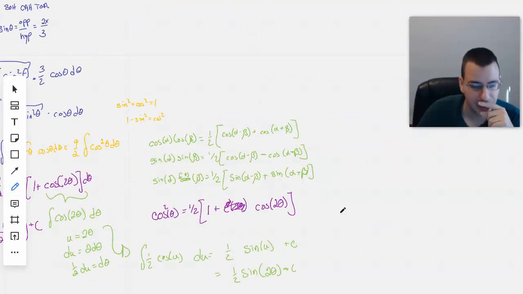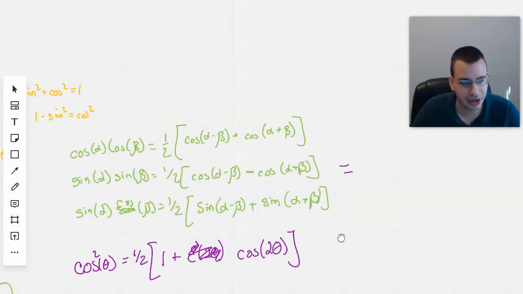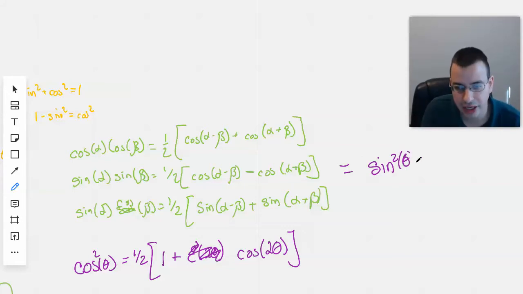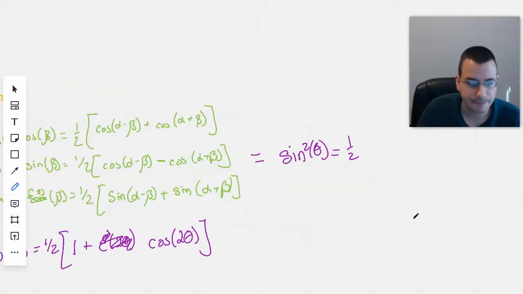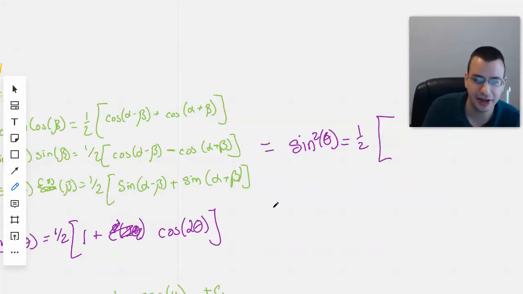So I'm going to write this out. You can see how these get convoluted. Nothing's really all that hard, but man, gee willikers. Sine squared of theta equals 1/2. No, we need to use the bottom one because we have sine of 2 theta.